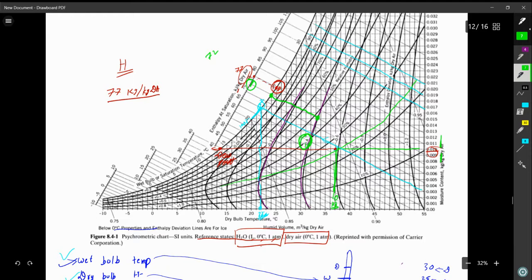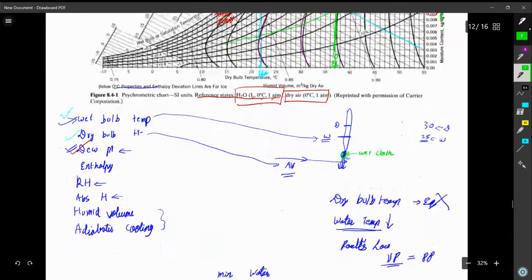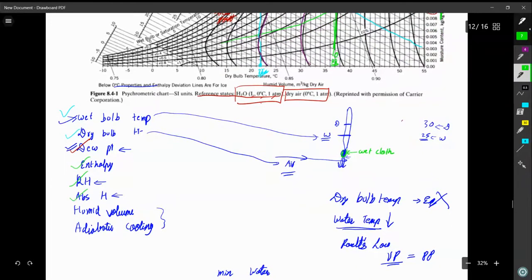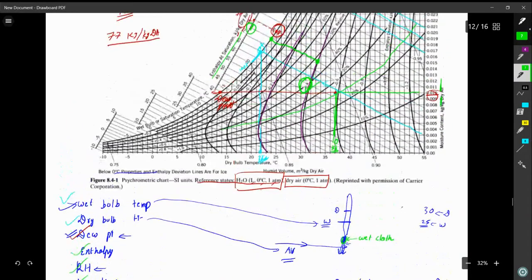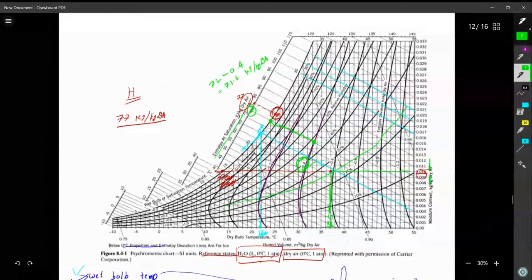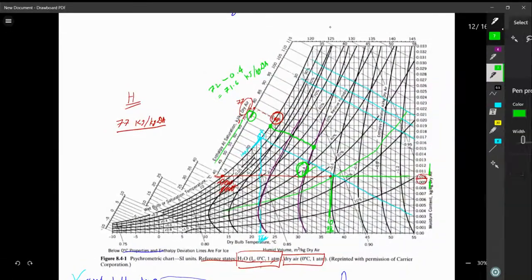The deviation is minus 0.4, so you add minus 0.4 and you get 71.6 kilojoules per kg dry air. That's the enthalpy deviation, and this is the enthalpy at saturation. Okay, enthalpy. Relative humidity we have discussed, absolute humidity we have discussed. Humid volume. Now, this graph has become clumsy, but still we'll manage.